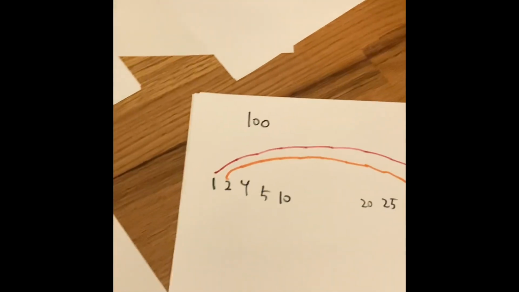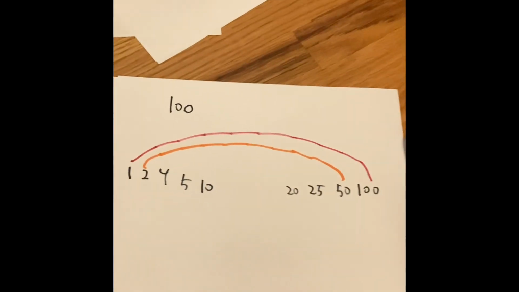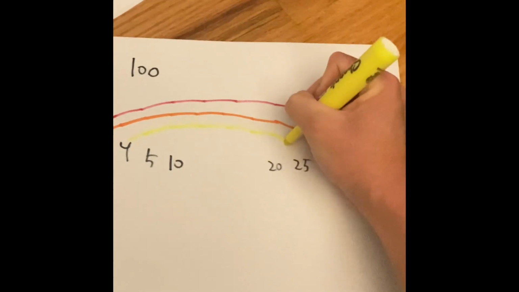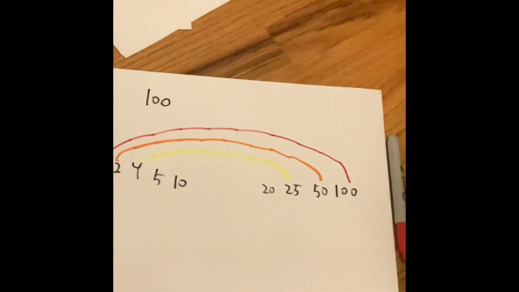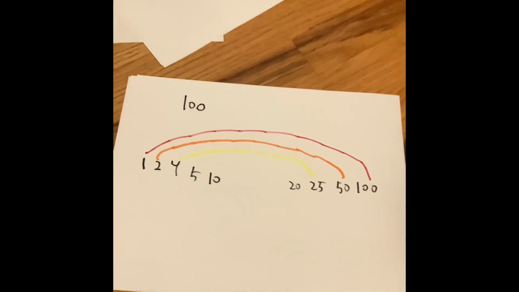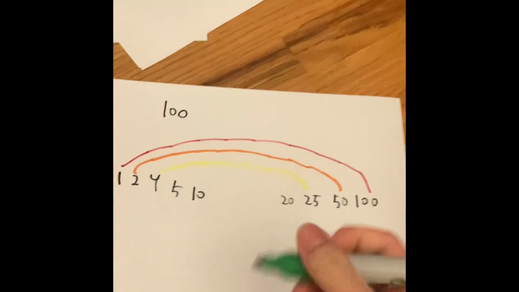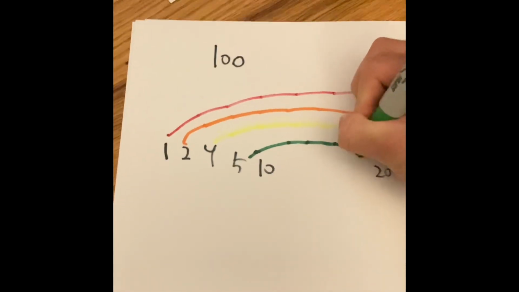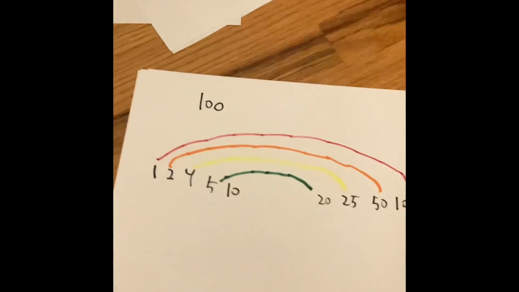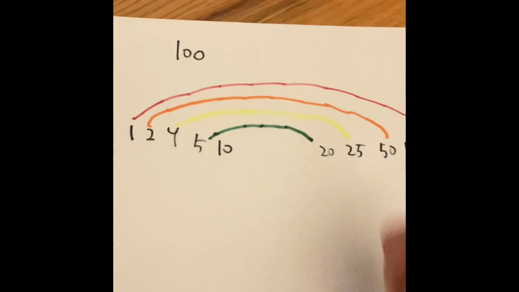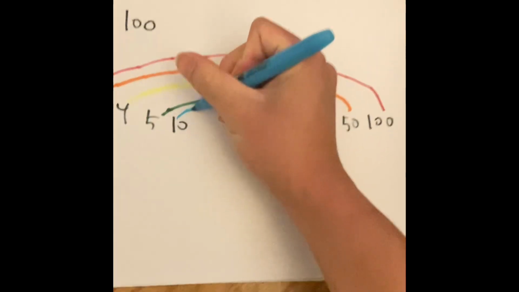We have yellow, and we're going to do 4 and 25, which you can't really see. Now let's do green, which is the St. Patrick's Day color. We're going to do 5 and 20. And finally, blue, which is 10 multiplied by itself.